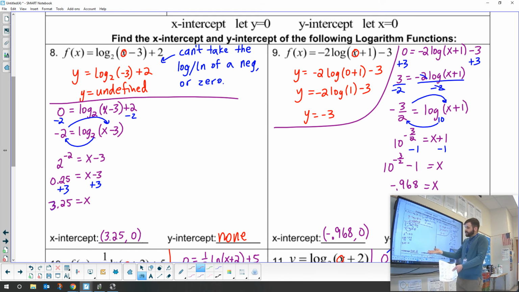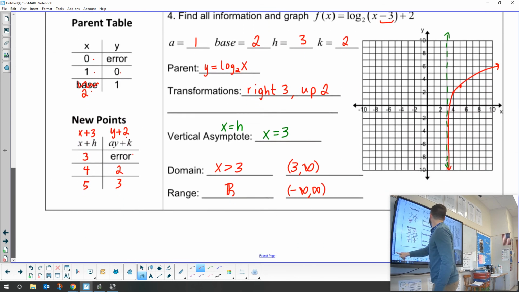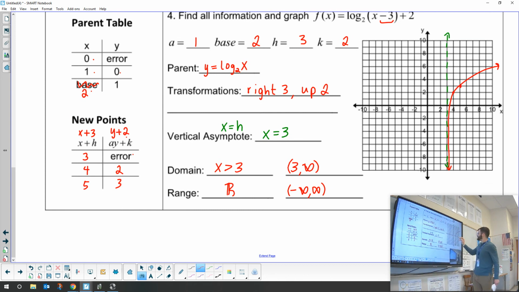So it actually works, because look at our graph here. We have an x-intercept at a little bit more than 3, 3.25. And so you can see how you could also use your x and y-intercepts to help you graph these. Okay? Remember, you can also use Desmos.com to help you see where your graph is going to be.